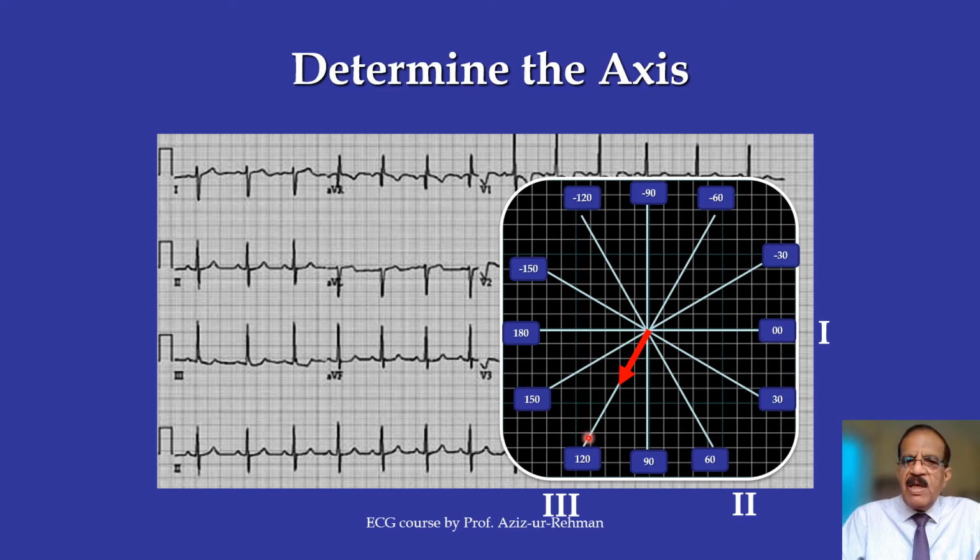This is limb lead 3. Since it is upward deflection, we draw an arrow along limb lead 3, the positive terminal. And the length of this arrow should be proportionate to the height of this QRS complex.